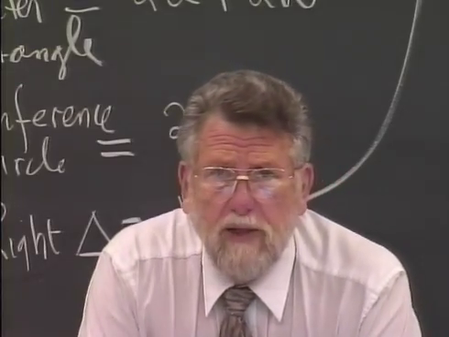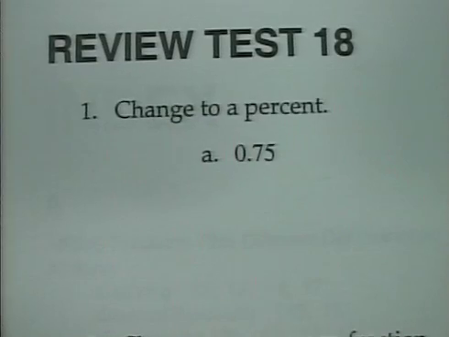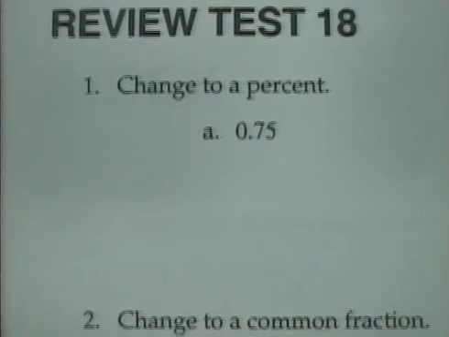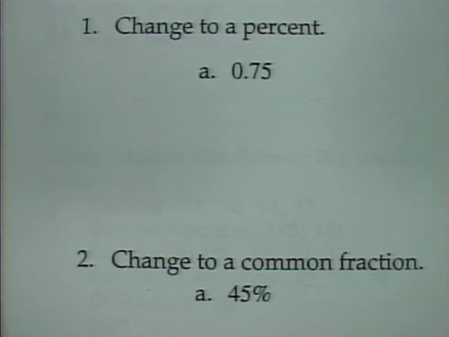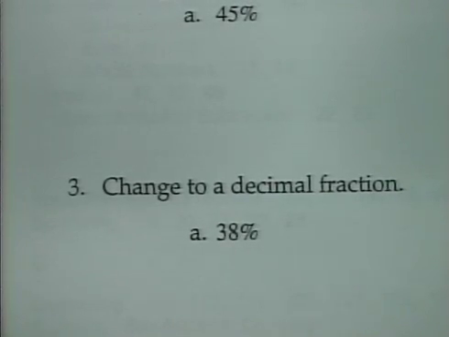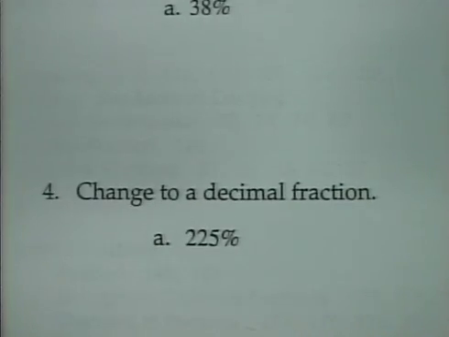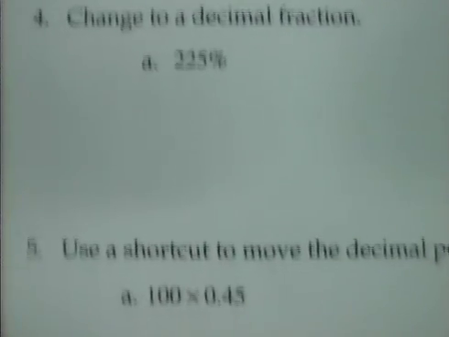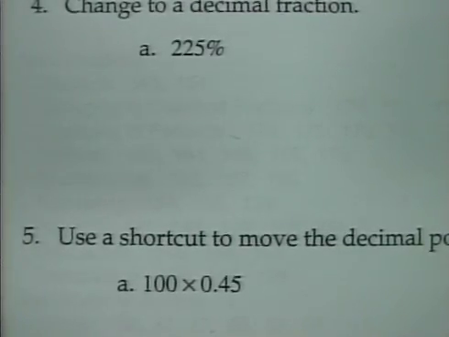And I have, as we look at the document cam, very similar problems, a decimal to a percent, then a common fraction. Otherwise, you start with the percent, go to a common fraction. You start with the percent, go to a decimal. You start with a percent, go to a decimal, and then using shortcuts to move the decimal around.